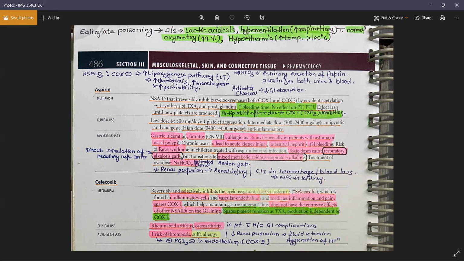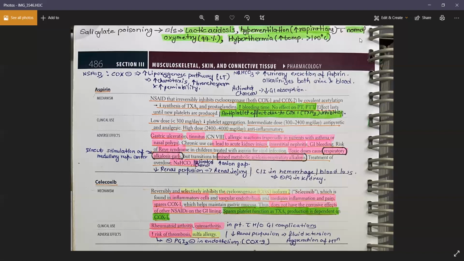Whenever you encounter a patient who has hyperventilation, meaning a very high respiratory rate, that's the first thing. Second, even though you have high respirations, you have a normal oximetry. Normally the body hyperventilates whenever the oxygen level is low, and that is a normal scenario.